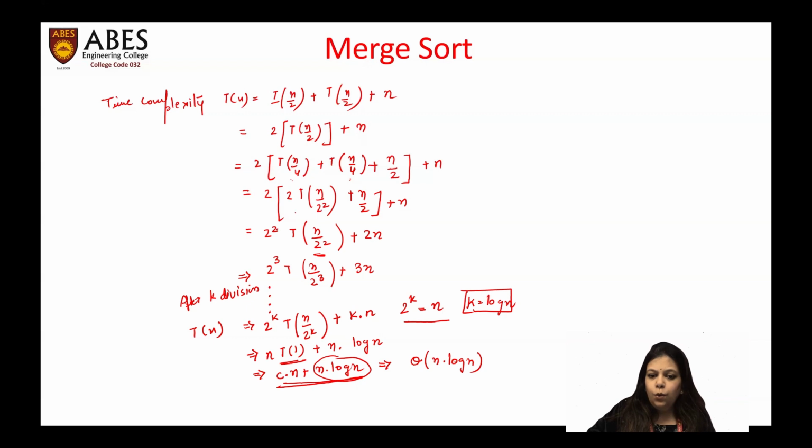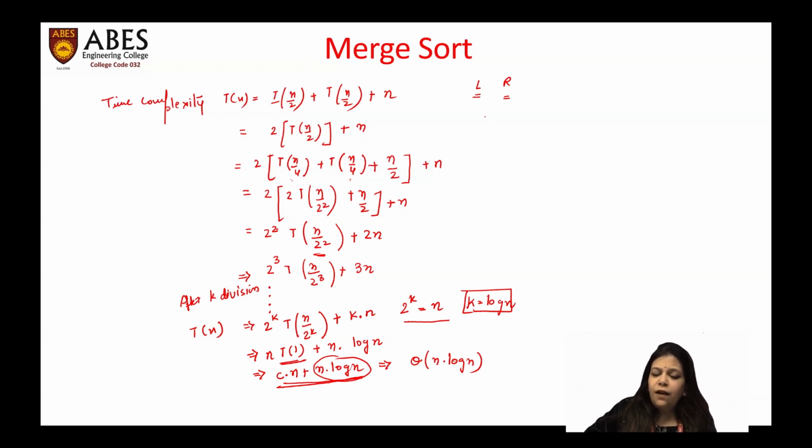So the time complexity in all the cases will remain theta of n log n. Now coming to the space complexity. As you can see, in order to perform the merge sort, we have taken two arrays, L and R. They have n by 2 plus 1 and n by 2 plus 1 elements.